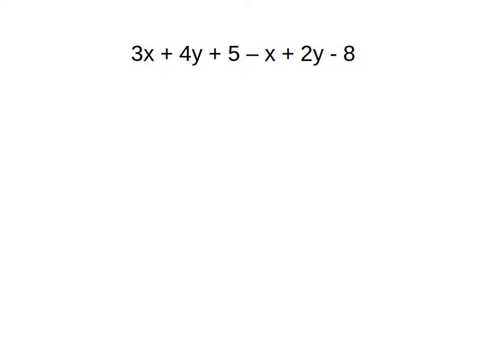Let's look for all of the x's in our expression. 3x and negative x both have x as the variable, so they are like terms. Now let's look for all of the y's in our expression. 4y and 2y are like terms because they both have y's as their variable.